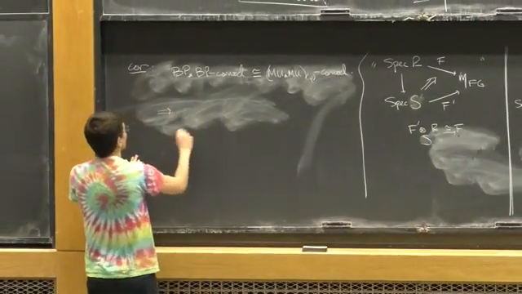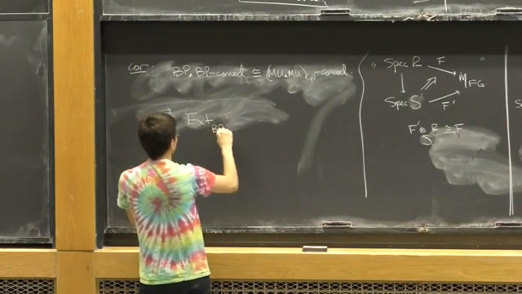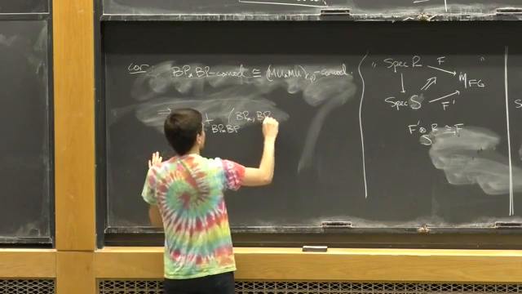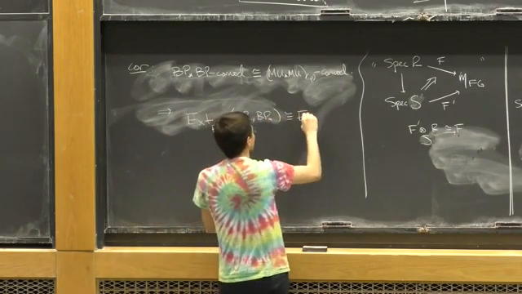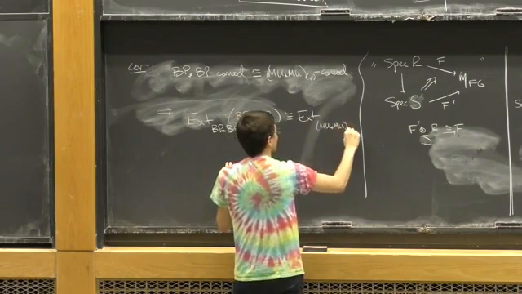So in particular, you can compute Ext in either category. So Ext over BP star BP, which is much smaller, is the same as Ext over mu star mu localized at P.